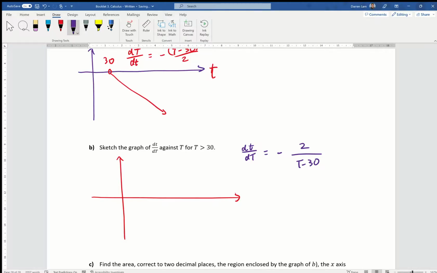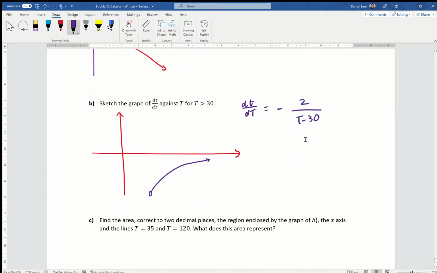I've just written the reciprocal of it. Again, just sketch this in your calculator, and you end up with this function here. That is continuous from that point onwards, where this is 30. That's not particularly the focus of this question.